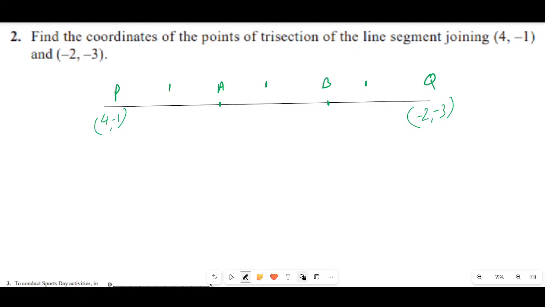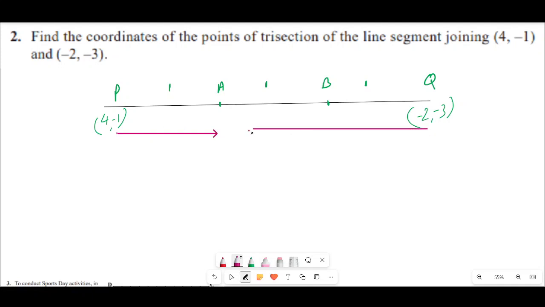For A, we will use this rule from this point, and the ratio will be in a different form. Here the ratio will be 1:2, because we add 1 and 2. Clear? In the same manner, for this it is 2:1.